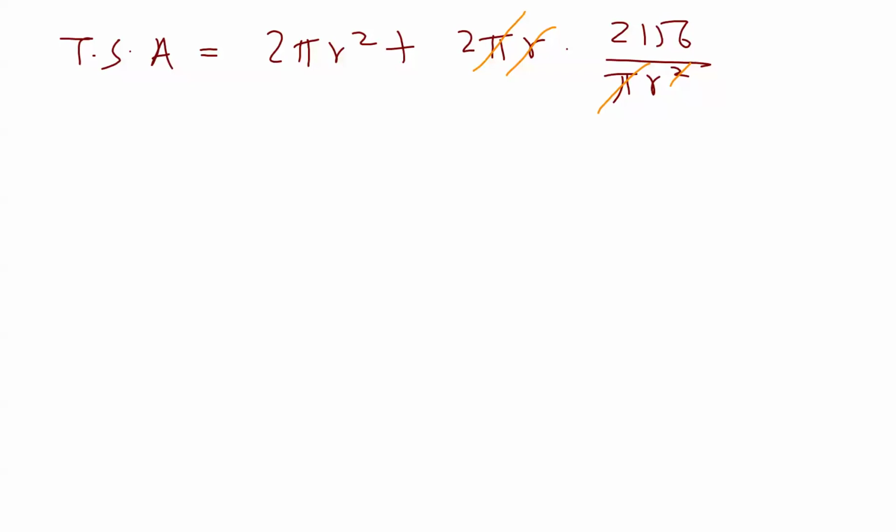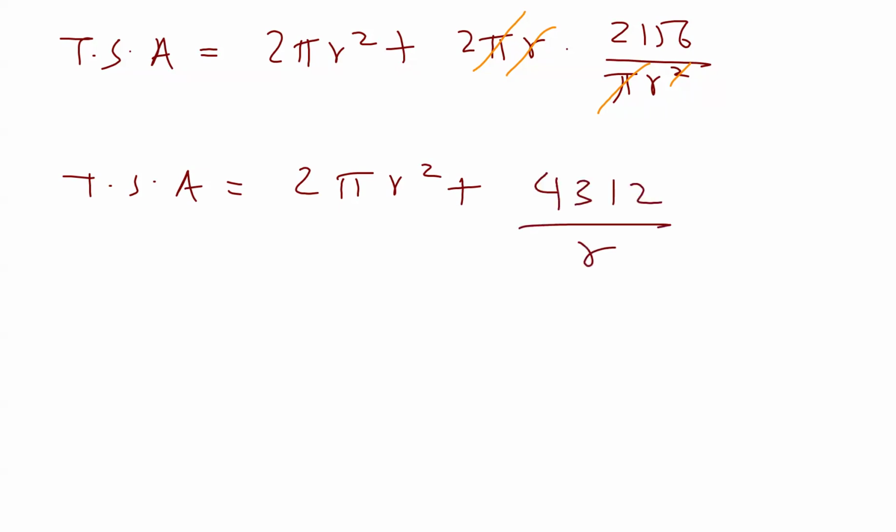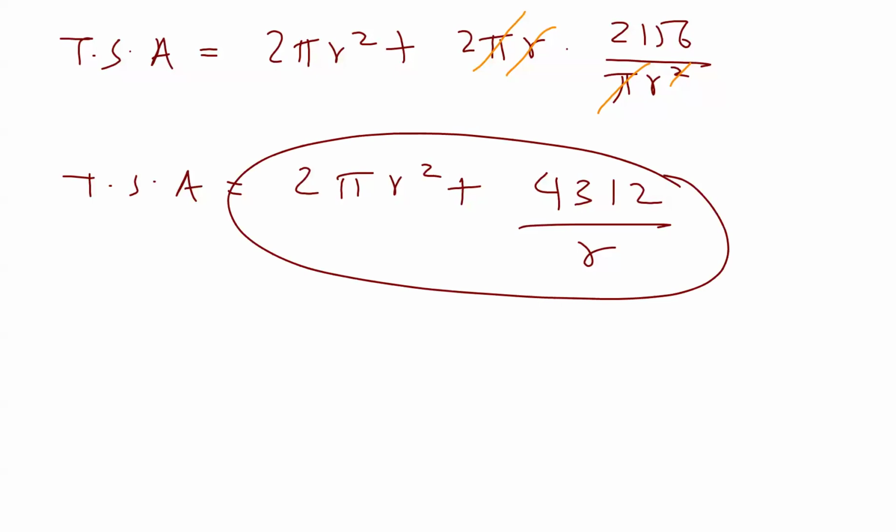So total surface area is equal to 2 pi r square plus 2156 into 2, which is 4312, upon r. Nothing is common over here, so we'll just keep it as it is.